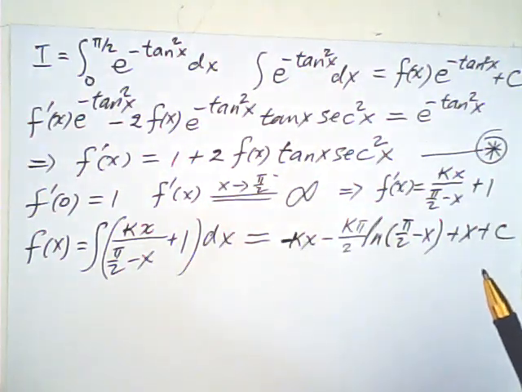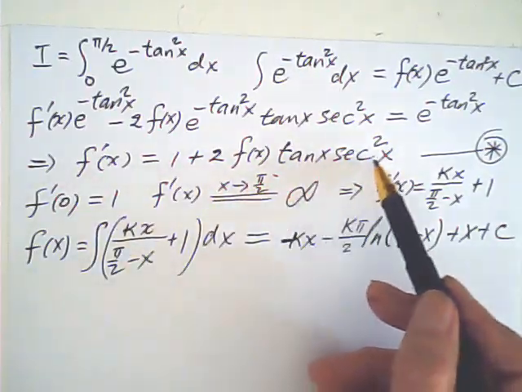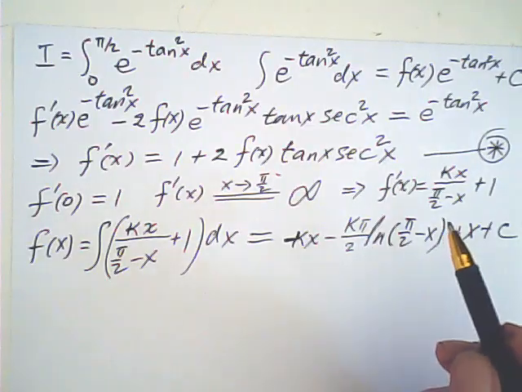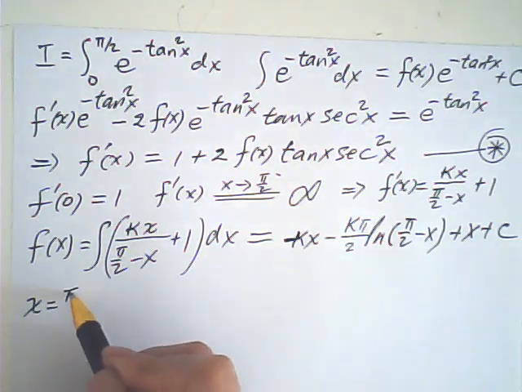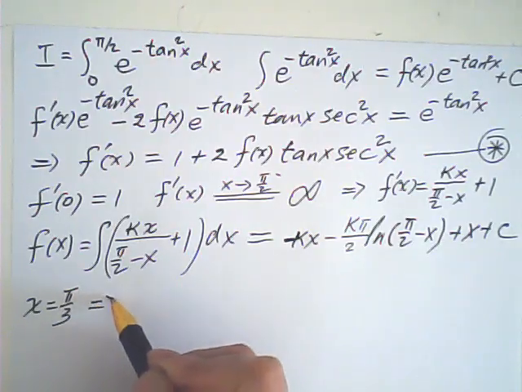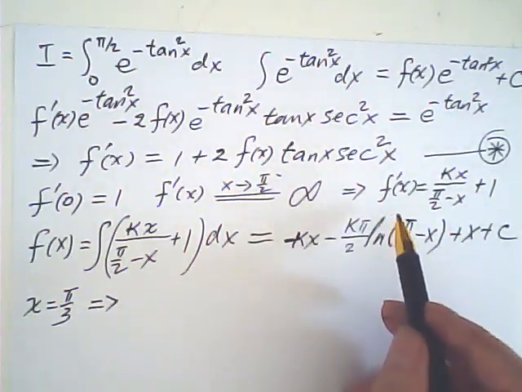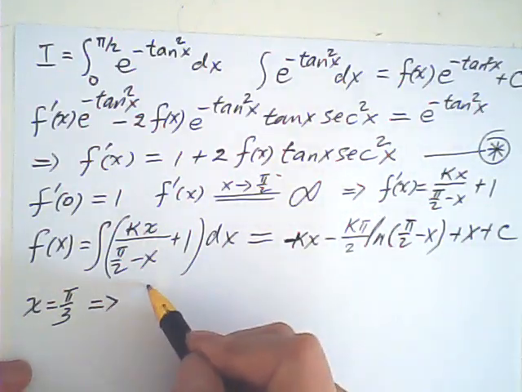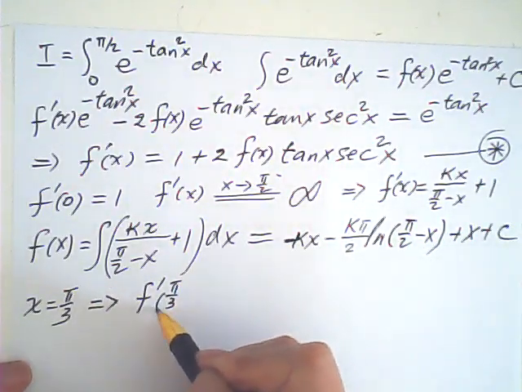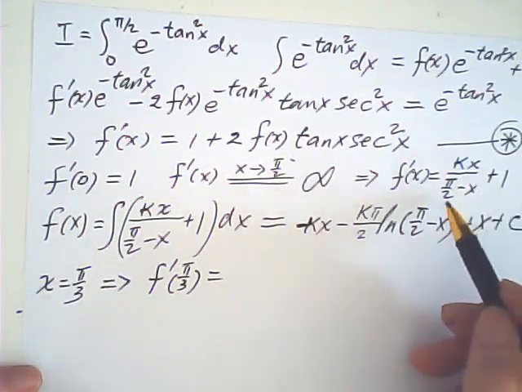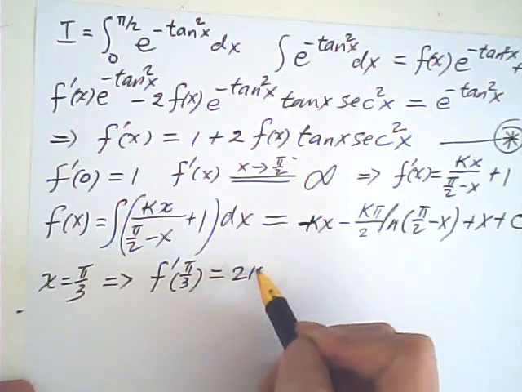So I have to create two simultaneous equations, and from here, if I assume two numbers, say x equal to 1/3 pi, then my f prime at 1/3 pi, you plug this one here, then this one is equal to 2k plus 1.